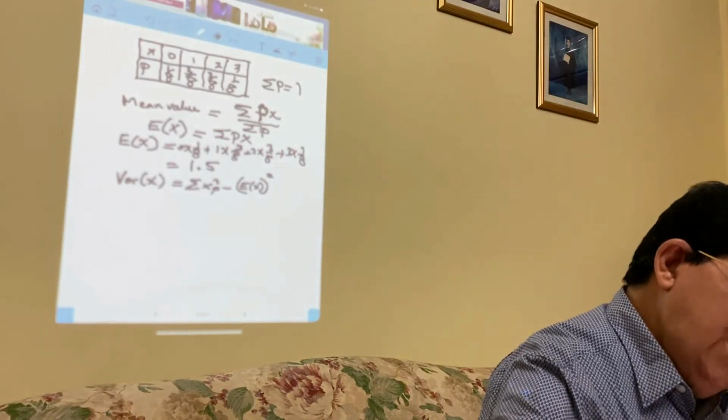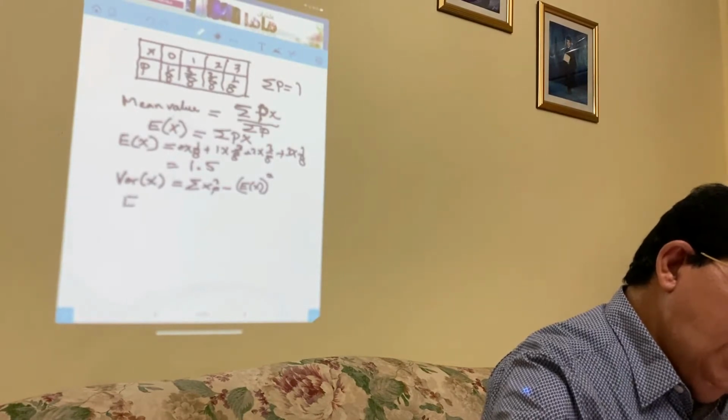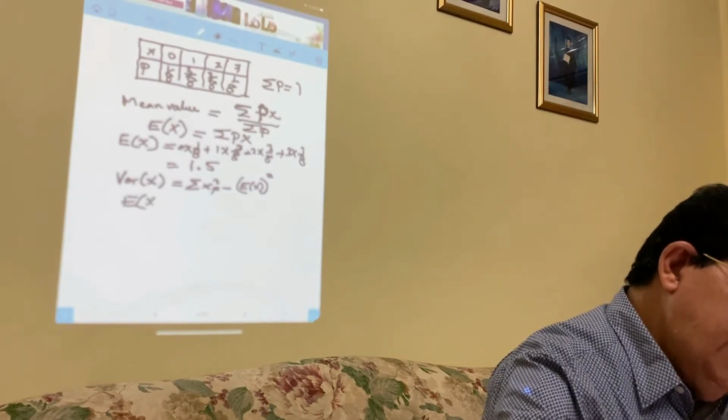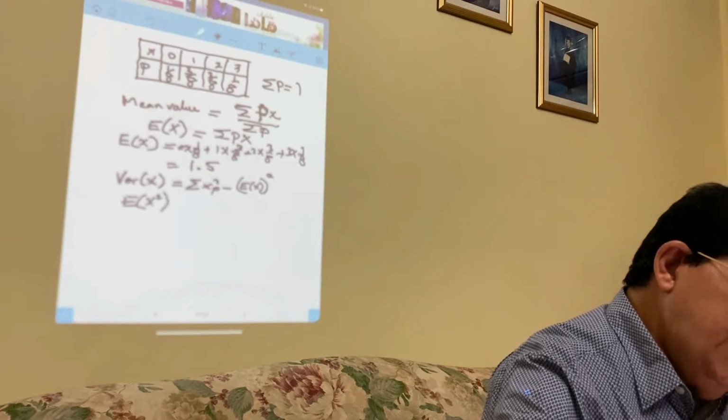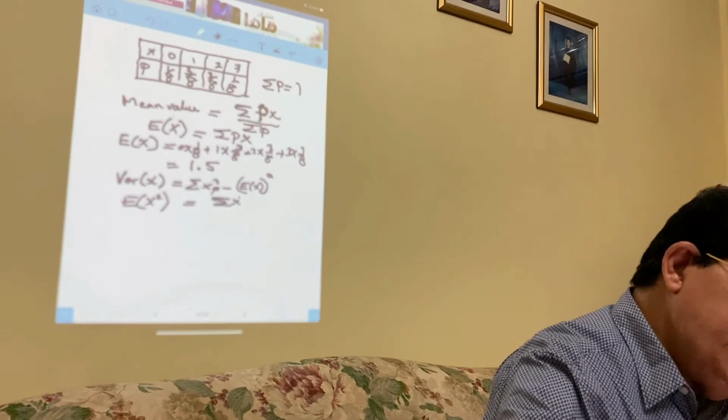We can say that the expectation of x squared is similarly sigma x squared p.